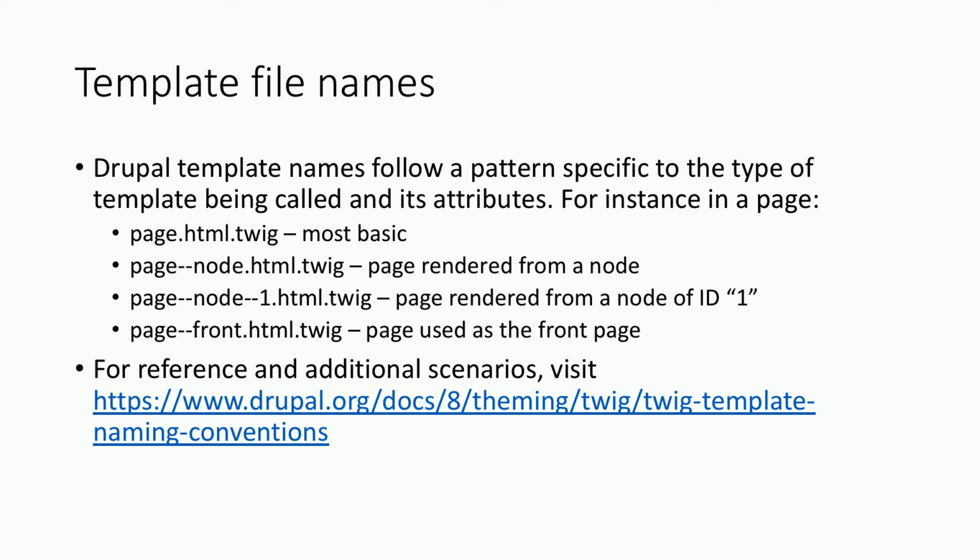But say you've created a view, and instead of outputting that view as a block or as an attachment, you wanted to output that view as a page. You're also going to get page.html.twig rendered. It made a page. It's going to use that from core. If you have it in say a Bootstrap theme, it's going to look for that page.html.twig template in Bootstrap. If you have it in your custom theme, it's going to look for it there.